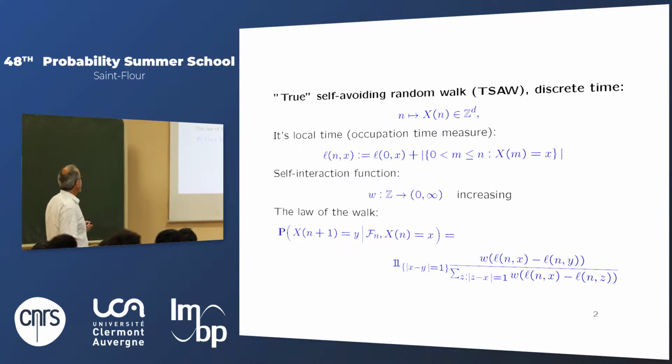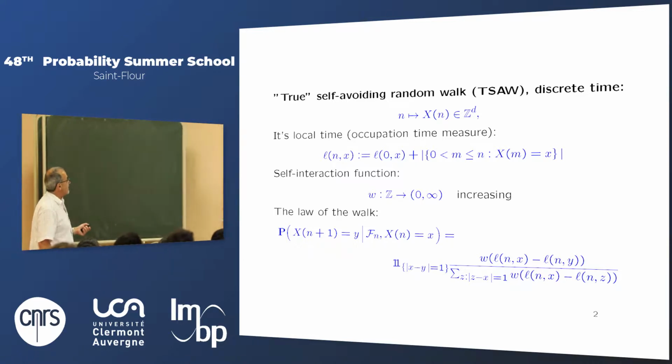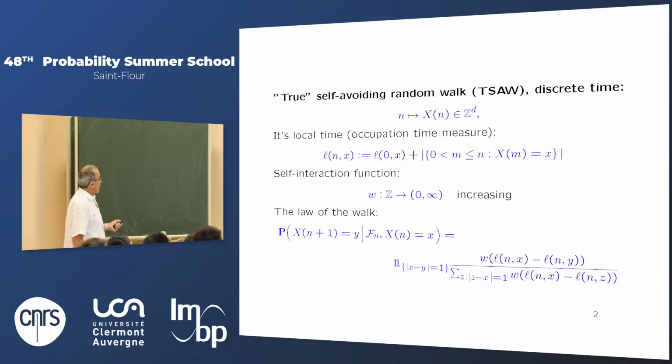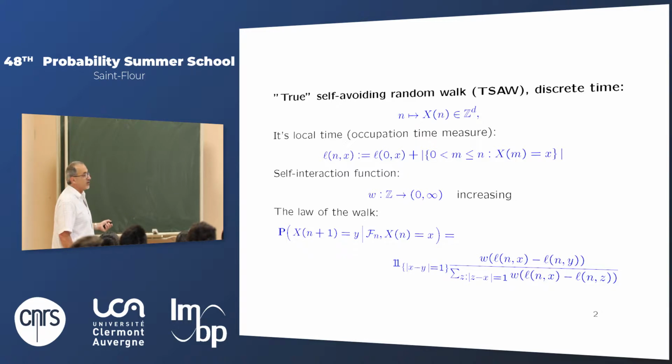It's very clearly explained on this slide. I speak about a random walk on the integer lattice Z^d, with discrete time, and define its occupation time measure on the lattice sites.